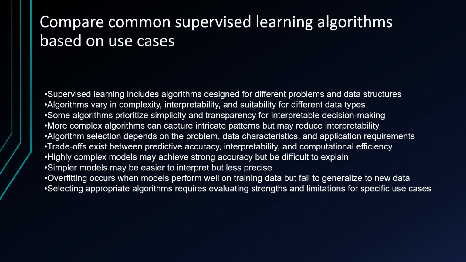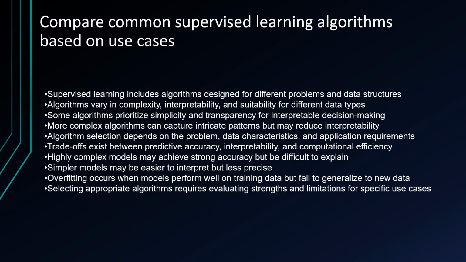As a result, predictive performance deteriorates when the model encounters real-world data outside the training environment. This issue highlights why strong performance during training does not automatically guarantee operational success. Effective machine learning systems must generalize beyond historical examples.